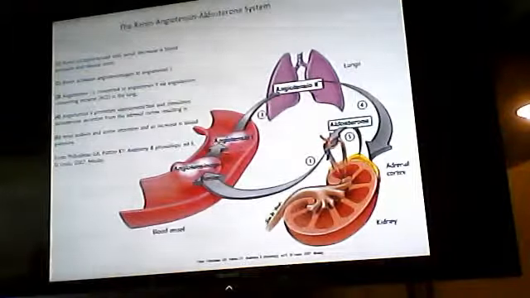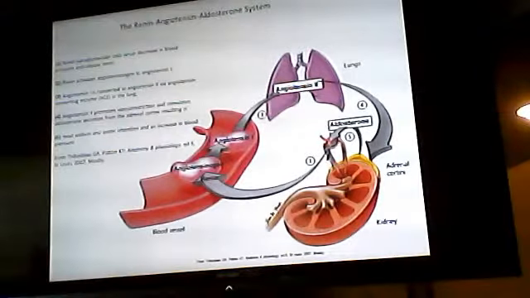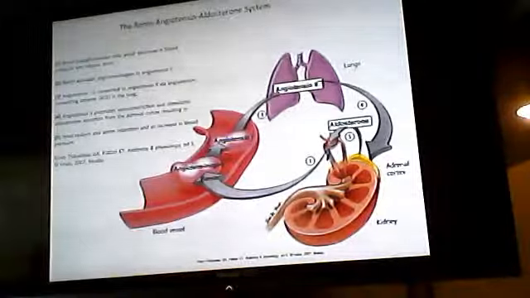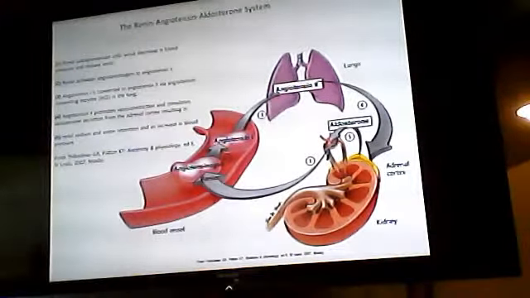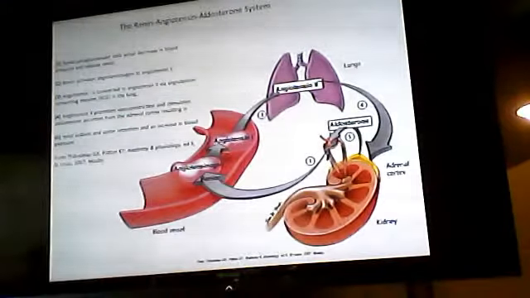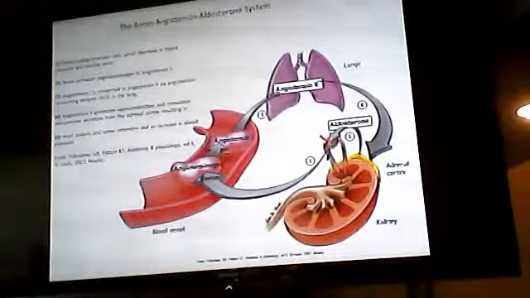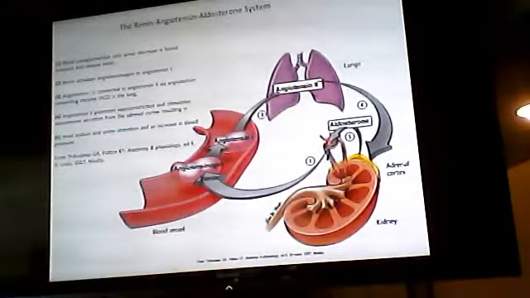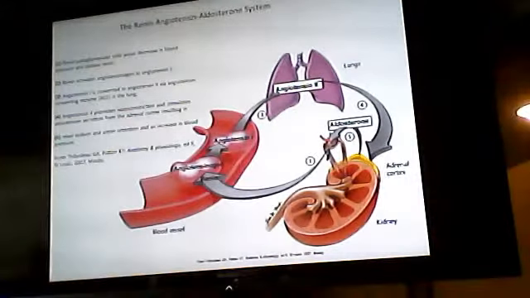Renin gets into the bloodstream and activates angiotensinogen, okay? Angiotensinogen will be converted into angiotensin 1, and then we have this enzyme in the lungs called ACE, angiotensin converting enzyme, which will convert Ang1 to Ang2. Ang2 can then act on the adrenal cortex to release aldosterone. The adrenal cortex, again, is right above the kidneys.